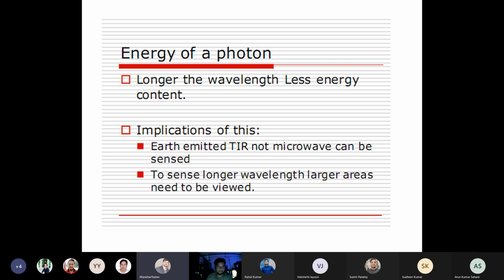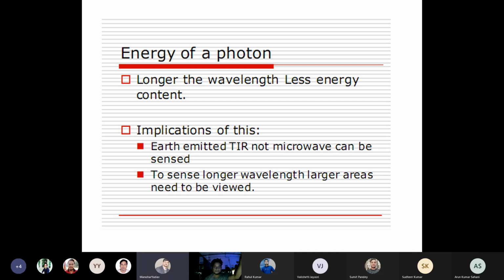So to discuss the energy component at a particular wavelength, first we consider the energy within one particular photon. As we have discussed before, if a wavelength is long, then the energy within a particular photon is less. What is the implication of this? When we consider the radiated energy from the earth, radiated and emitted, these two terminologies are the same.